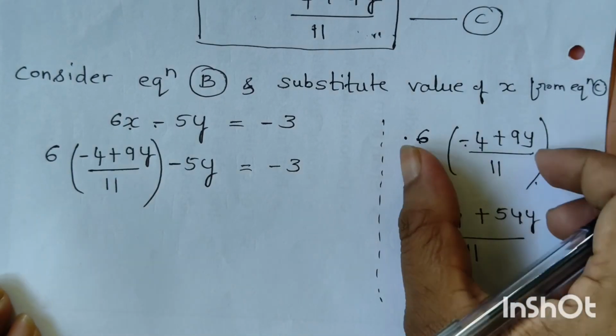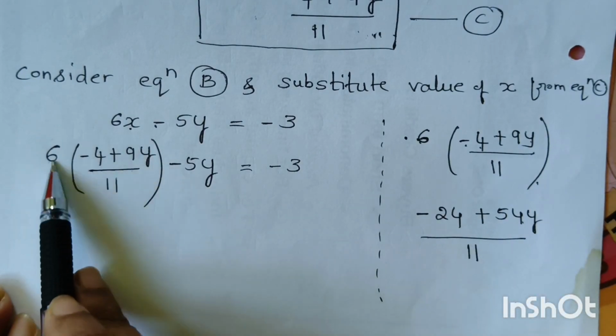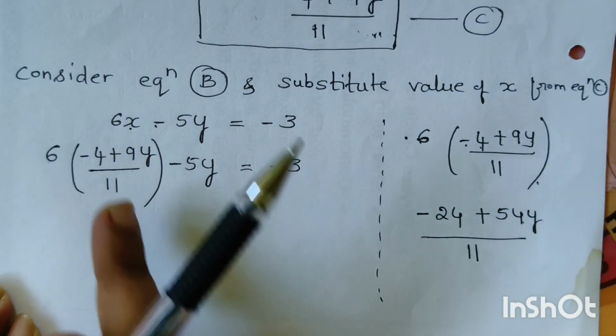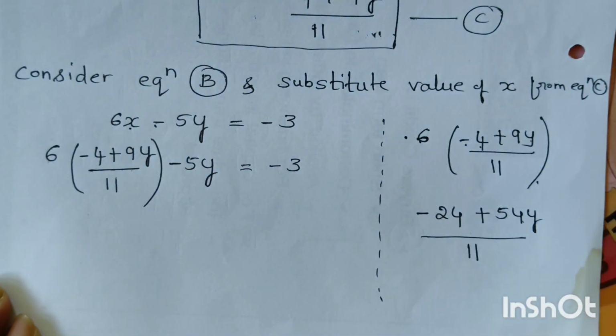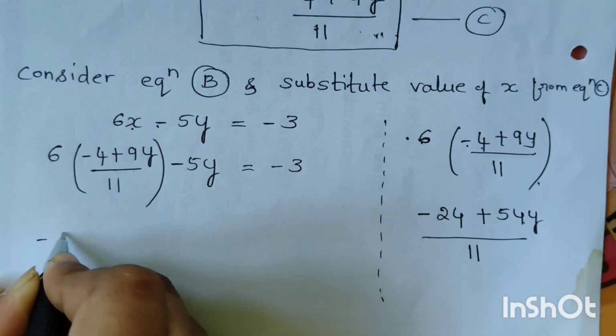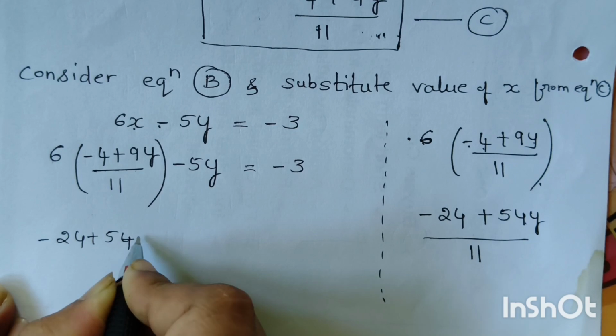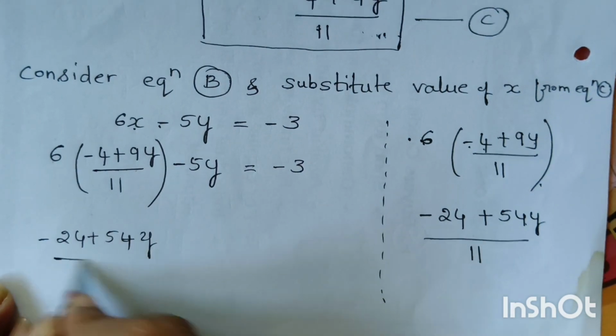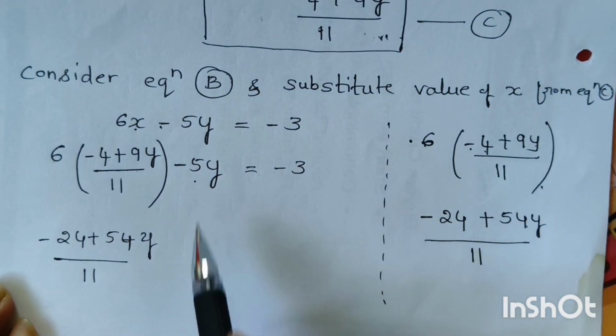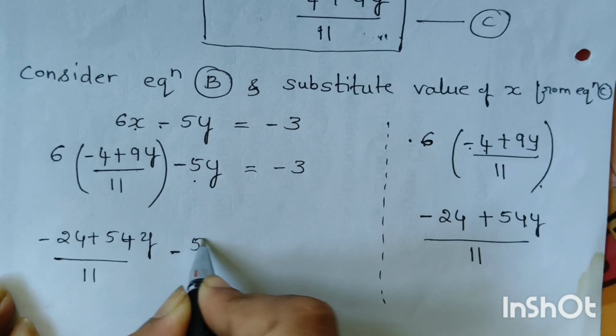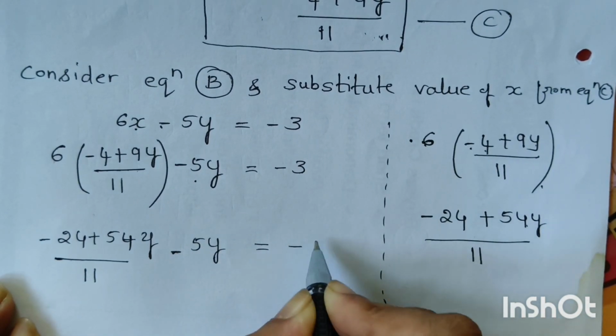We have simplified this one separately, so I will write it here. Minus 24 plus 54y divided by 11 minus 5y is equal to minus 3.